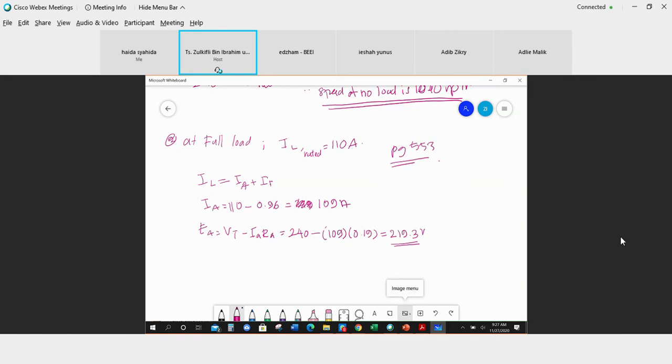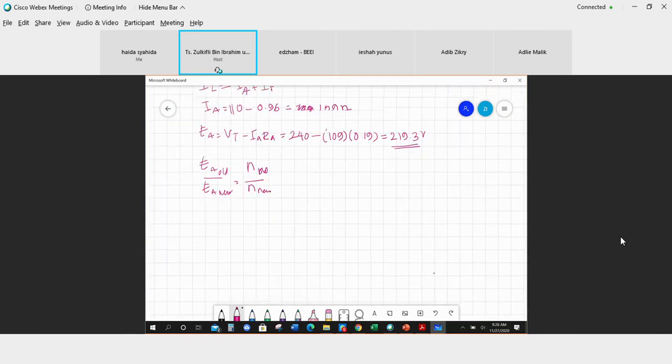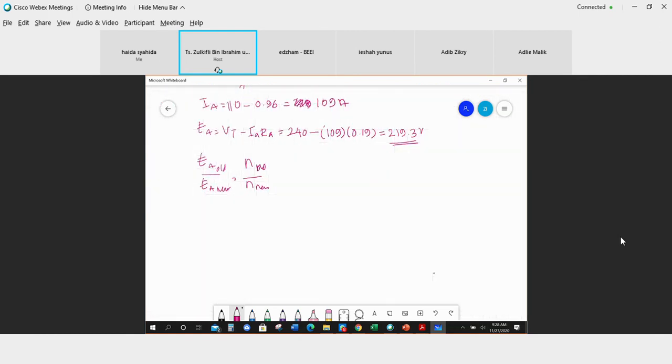Now we are looking for the new value at full load. So you have your EA old divided by EA new, the old speed divided by the new speed. So from here we are looking for the new speed.